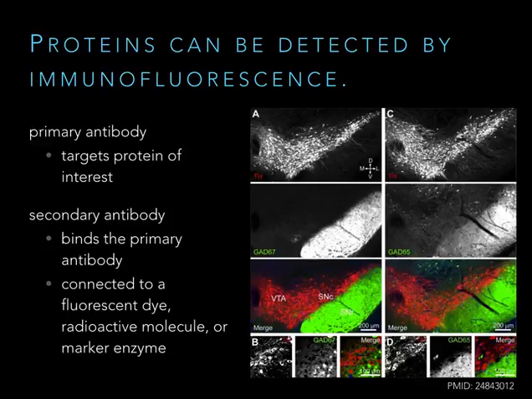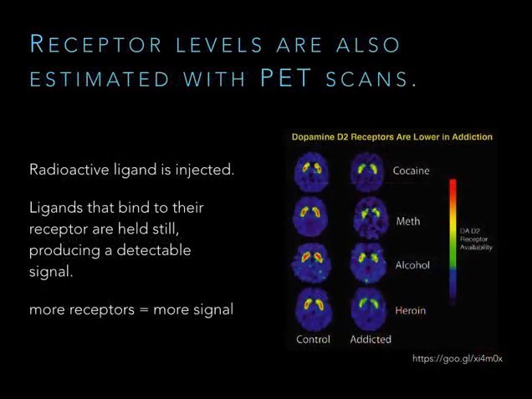So here we're looking at enzymes that synthesize neurotransmitter. You could just as easily stain for a dopamine receptor using immunofluorescence. Of course, you can look at receptors in live subjects as well. And that's what we're looking at here. In this PET scan, we're looking at the radioactivity given off from some sort of ligand.